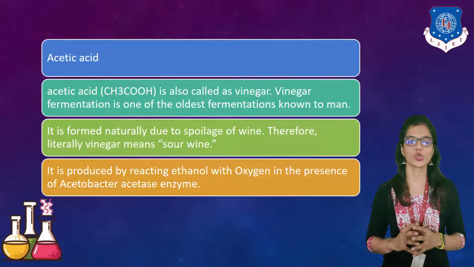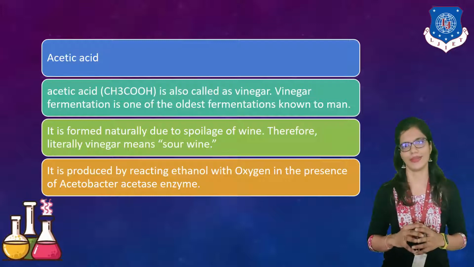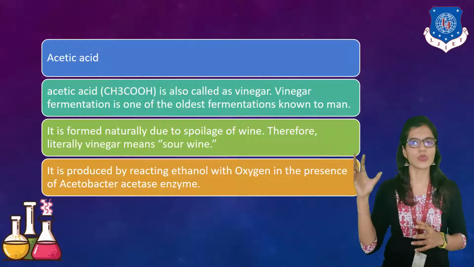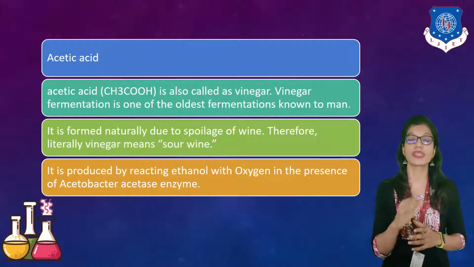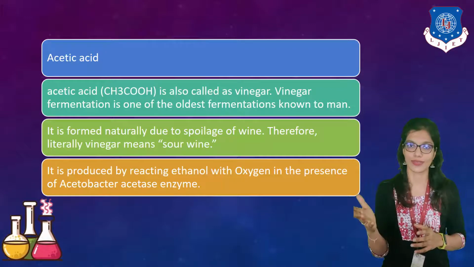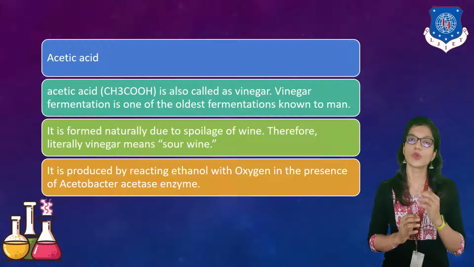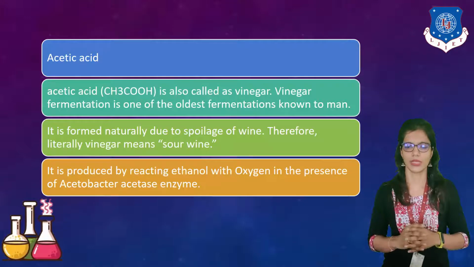As I have already told you, vinegar fermentation is one of the oldest fermentations known to man. Fermentation processes are the oldest ones, and production of vinegar through fermentation is again among the oldest. Human beings started producing vinegar from very early times.